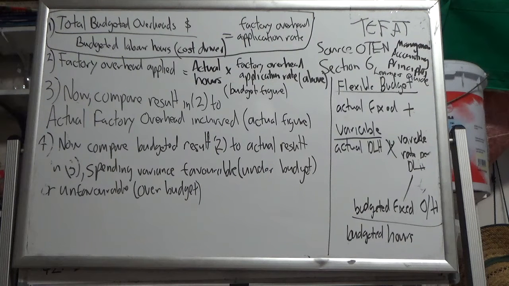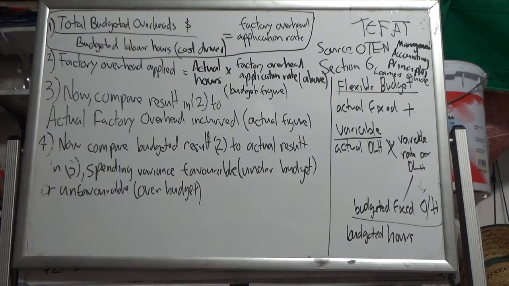Once you've done that, that gives you a big figure in dollars, and you compare that big figure, which is factory overhead applied, with actual factory overhead incurred. So you compare the difference between the two.